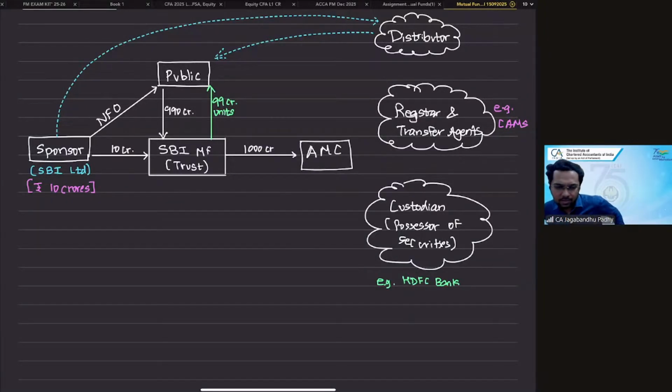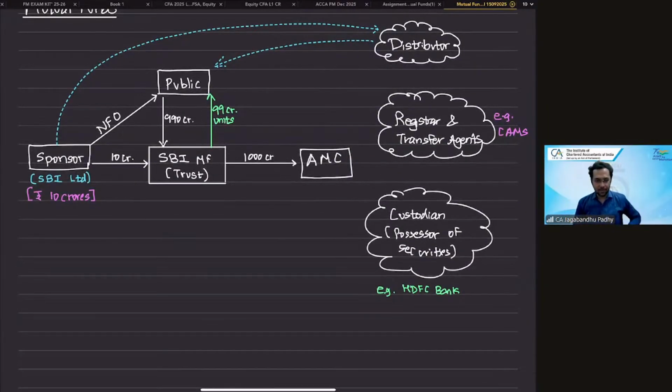Now, why do we need to have a custodian? For the purpose of security and safety, right? Because when the mutual fund has given money to the AMC, the AMC can come up with its own disclosure that this is the amount of securities we have, this is the amount of cash that we have. But we need a confirmation from a third party, and that third party is basically the custodian of the securities.